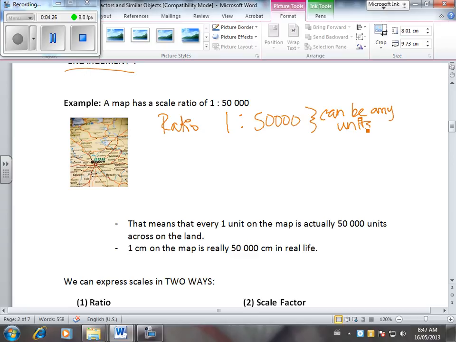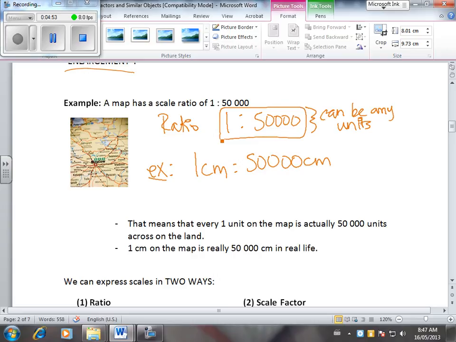And so when we write it out with the units, that's our scale ratio. So 1 centimeter to 50,000 centimeters. But if you were just given a 1 to 50,000 ratio, there's no way you can tell the units from that unless you're told the units.